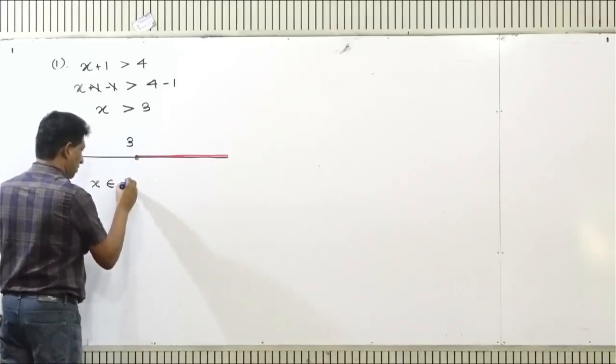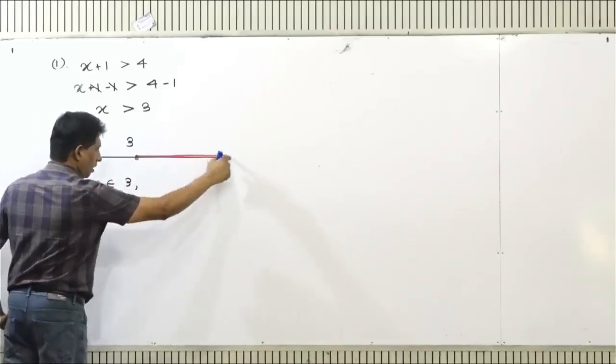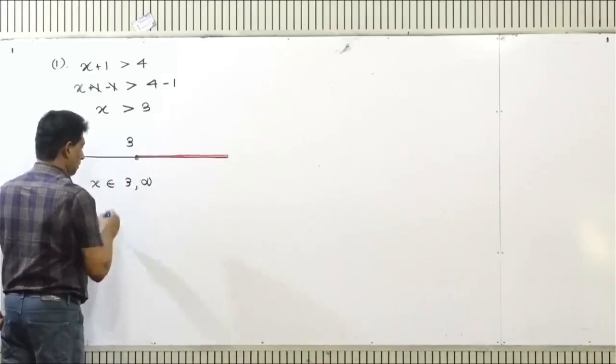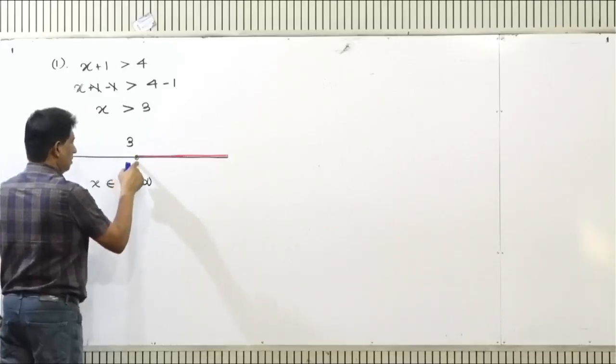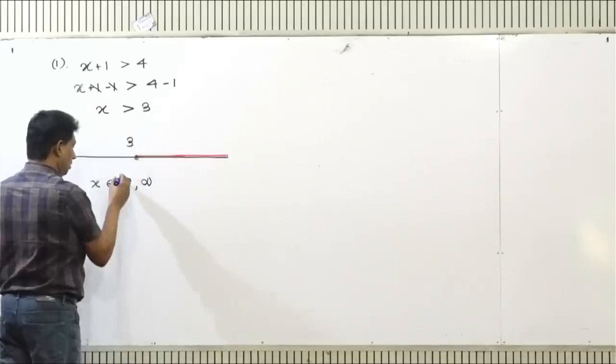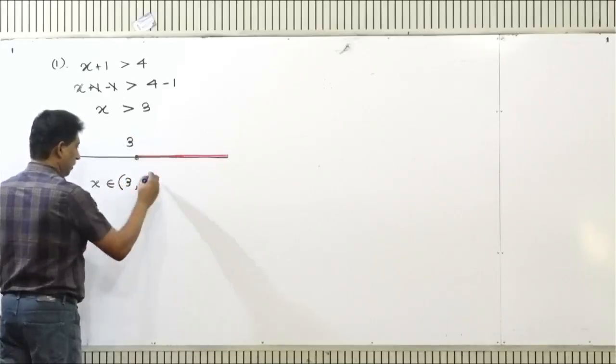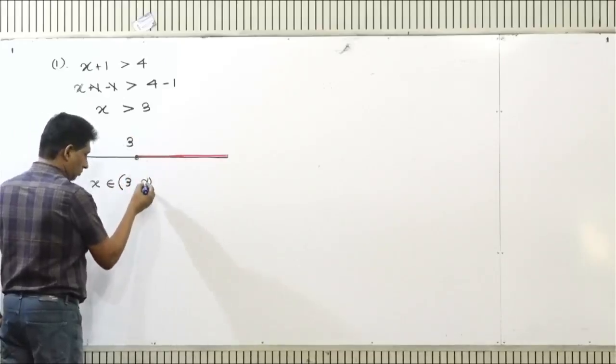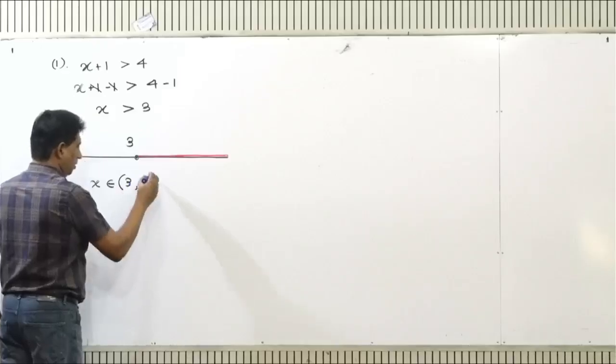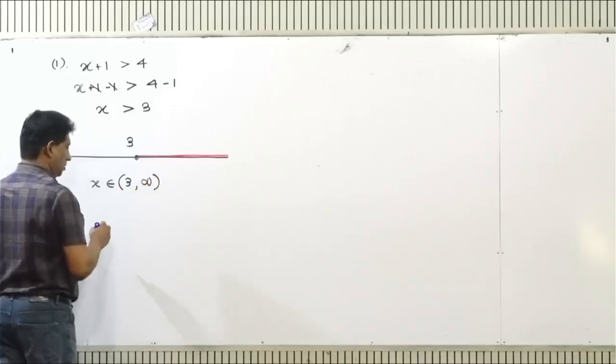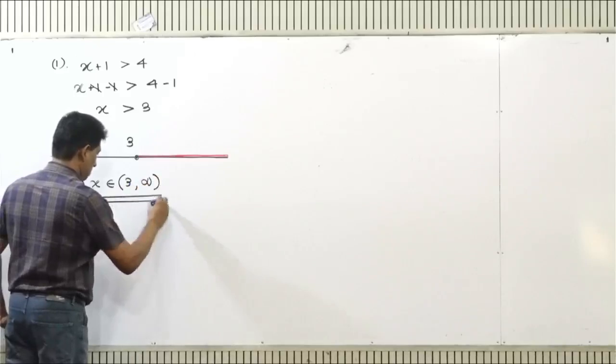First we write the small number 3, then we write positive infinity. 3 is not a solution, since there is no equal mark, so we put a normal bracket. Infinity is not a number, so it can't be a solution, so on this side also we put a normal bracket. This is the solution.